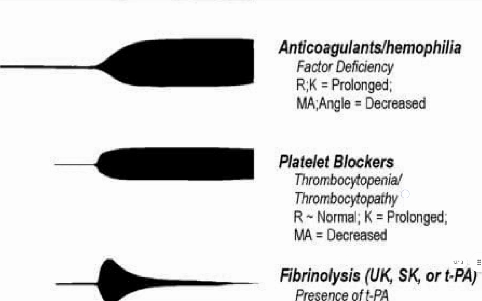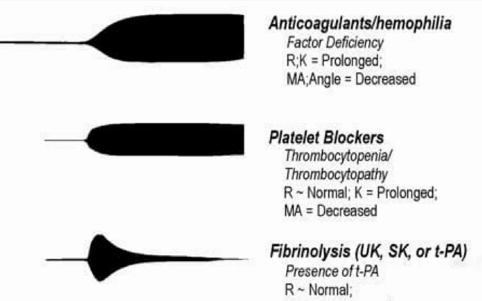Coming to the third one, if the patient is taking antiplatelet agents, or has thrombocytopenia and sepsis, our R time will be normal, but our K time will be prolonged, because the second stage of clot formation is clot stabilization by platelets, and there is also a decrease in the maximum amplitude.